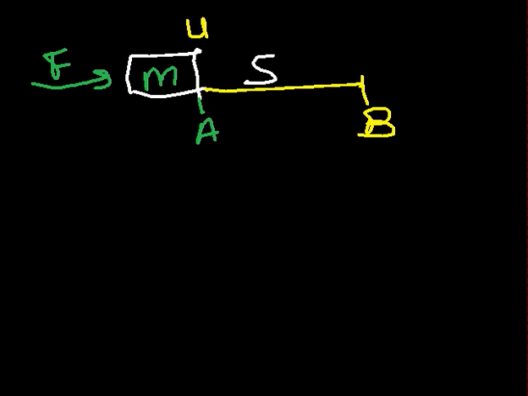Now let's say at point B the object has a new velocity given as v. Since the force applied is constant, and the velocity has changed from initial to final, we say the object has accelerated, and the acceleration will be constant because the force is constant.